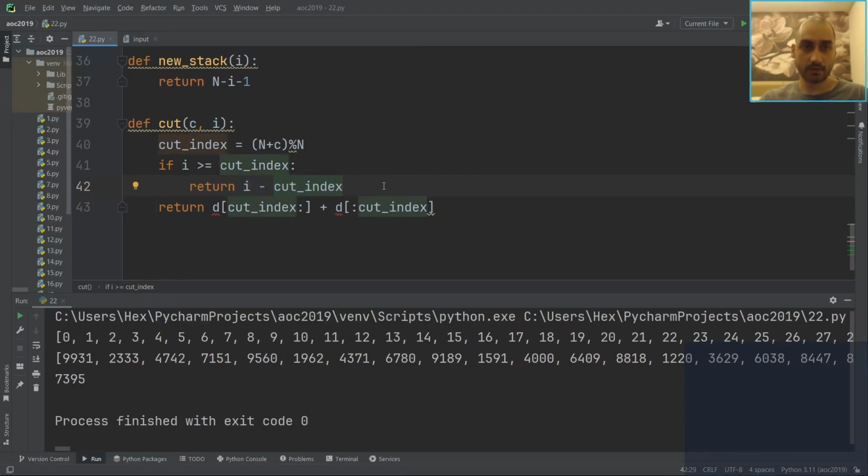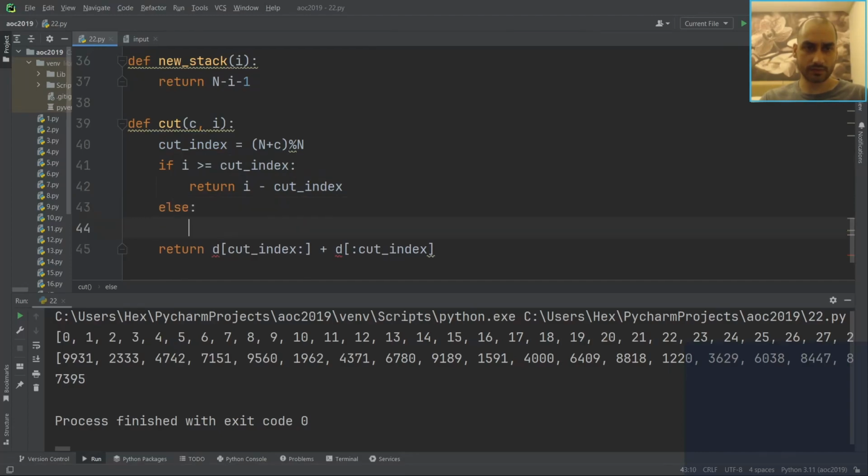All right. Else, it's in the left half. That means it goes to the end. So whatever number of cards is after us, we add. So it's going to be whatever it was before plus.